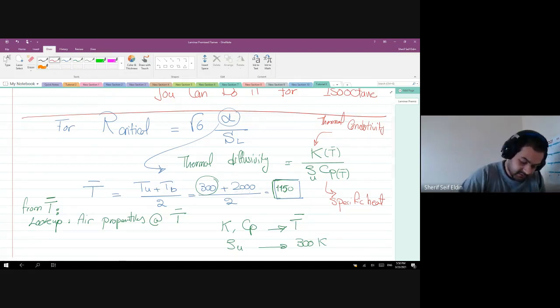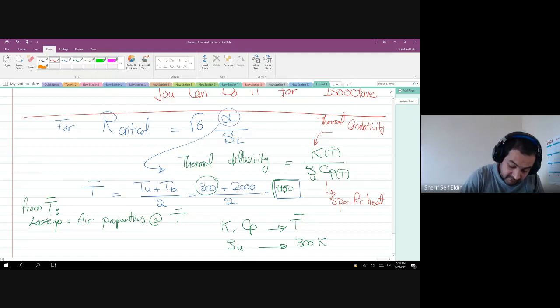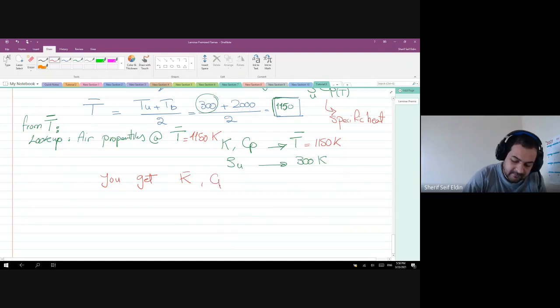So just look up the air properties at 1150 Kelvin, and from here you're going to get K and Cp and rho u.